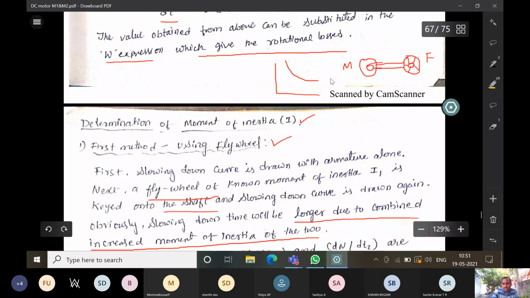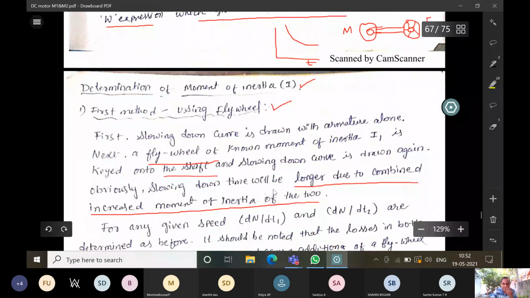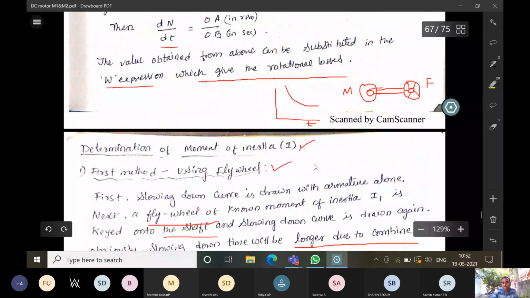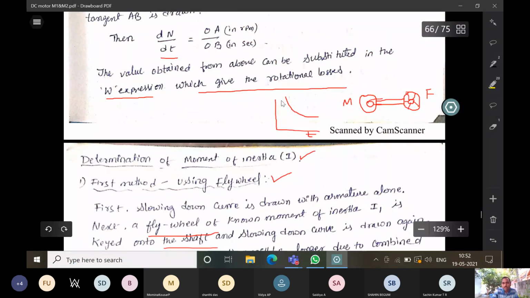Then the second time you connect the flywheel. The slowing down time will be longer due to the combined increased moment of inertia, so the slowing down time is very much longer in the second case.